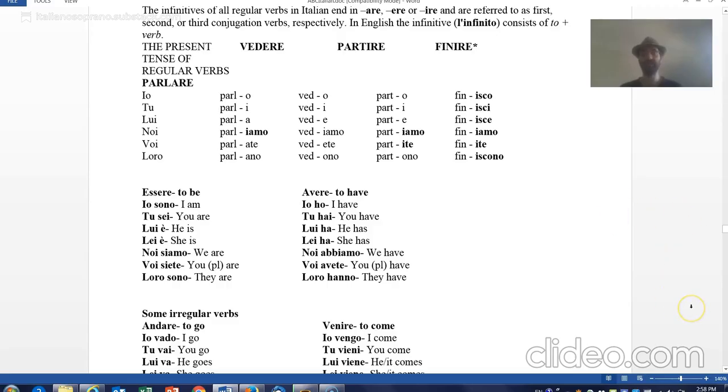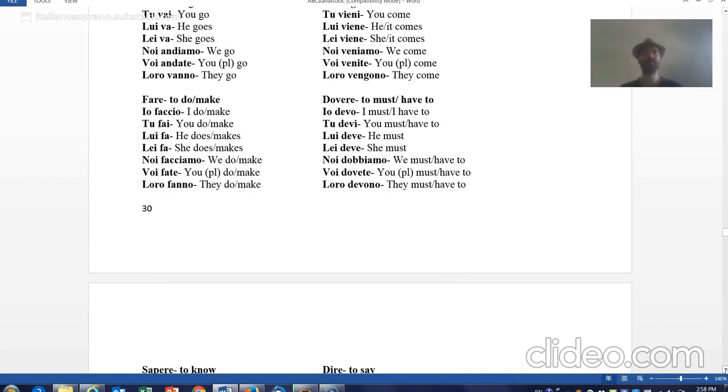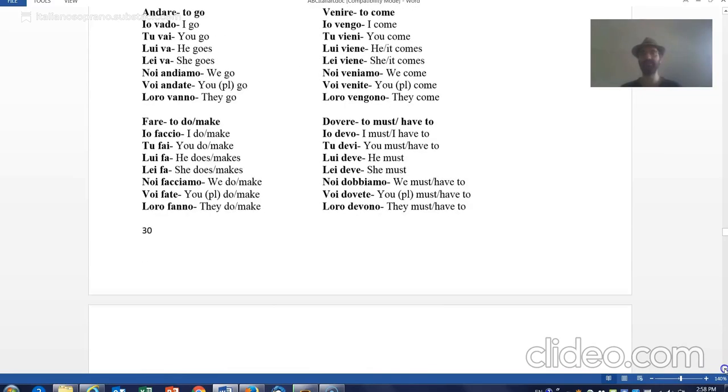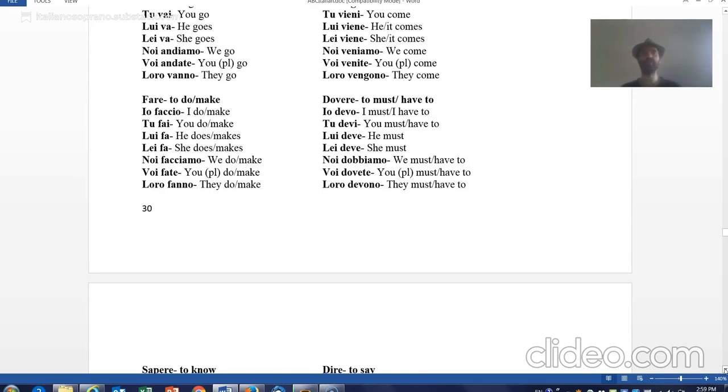And then other irregulars: we have andare, io vado, tu vai, lui va, lei va, noi andiamo, voi andate, loro vanno. In the other column, to come, we have venire, io vengo, tu vieni, lui viene, lei viene, noi veniamo, voi venite, loro vengono.